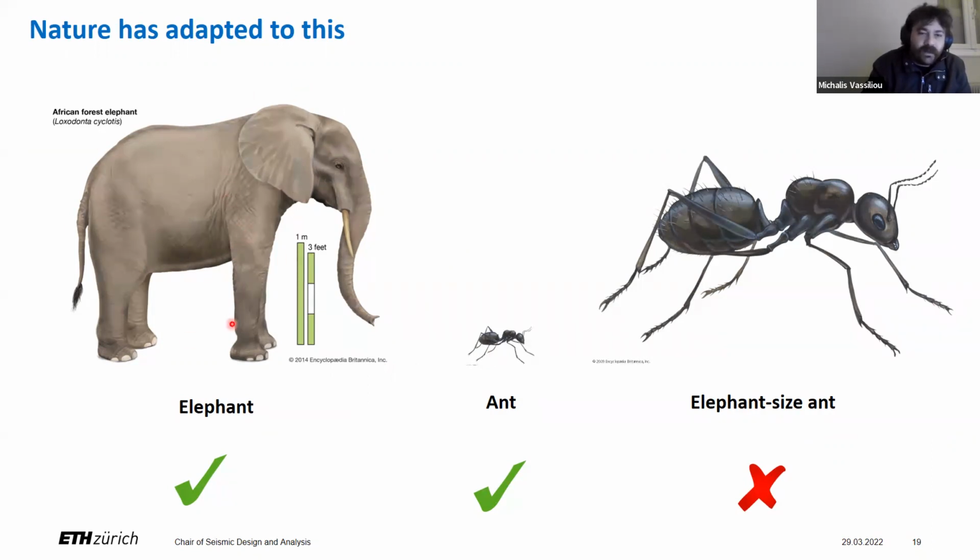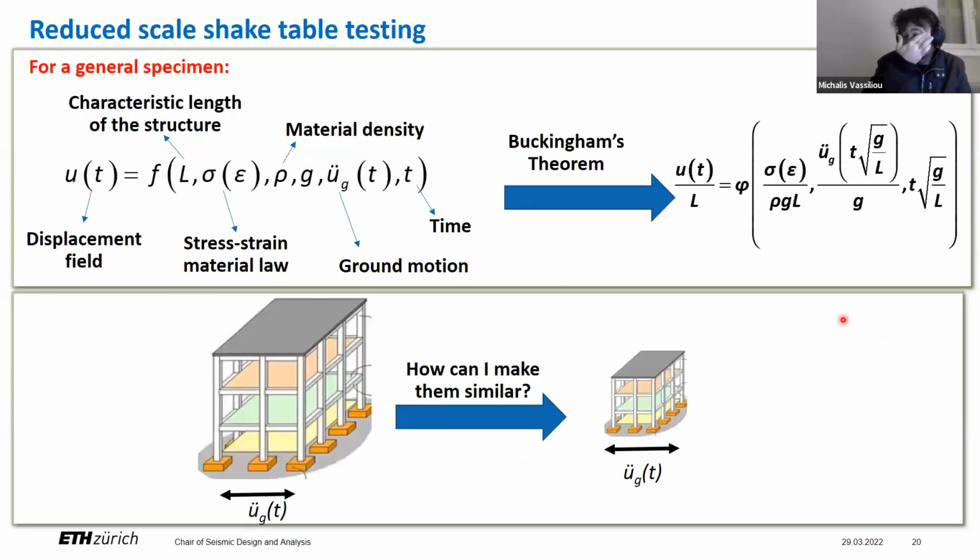Now, here is an elephant, and you see how big the legs are in proportion to his body. And here is an ant, and you see how thinner the legs are in proportion to the body. Now, if you try to take the ant and scale it up to the size of an elephant, intuitively, you understand that it's going to collapse under its own weight. It doesn't work.